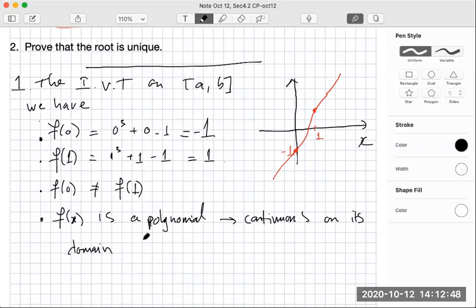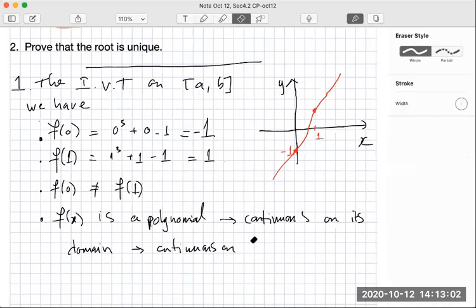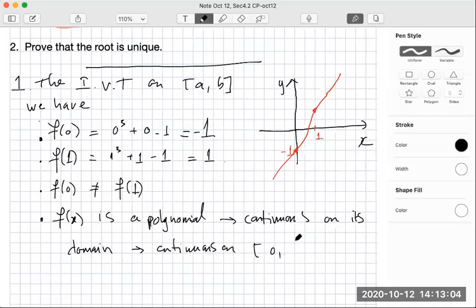Therefore, it is continuous on [0, 1]. So it satisfies the intermediate value theorem.